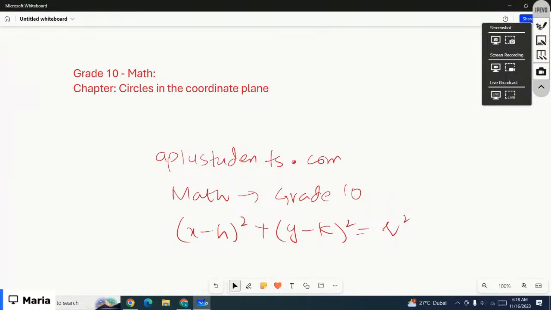R is the radius, and h and k are the center of the circle, right? So you are given a circle on the graph. We have to write down the standard form of the equation. Okay, so let's see how we write the equation.